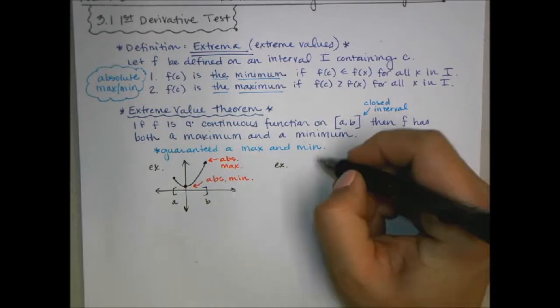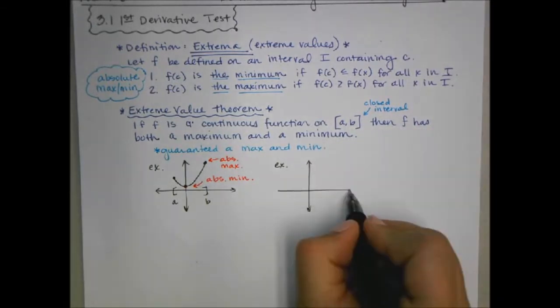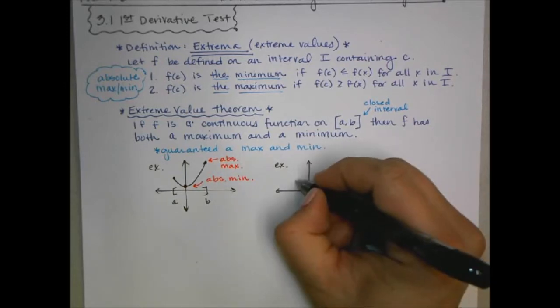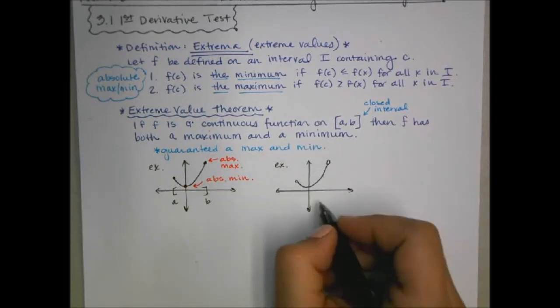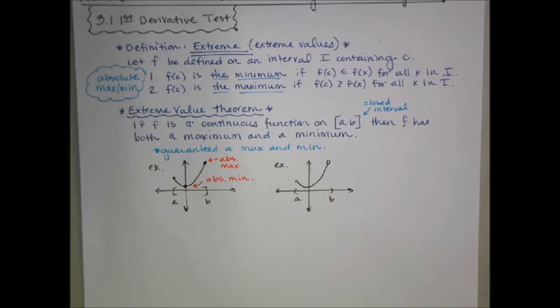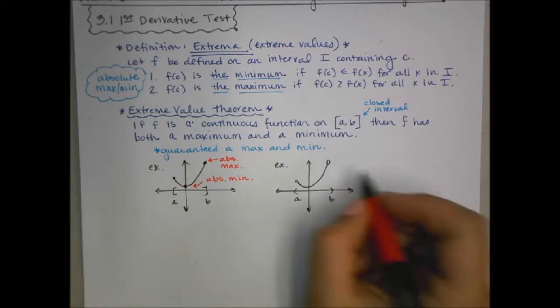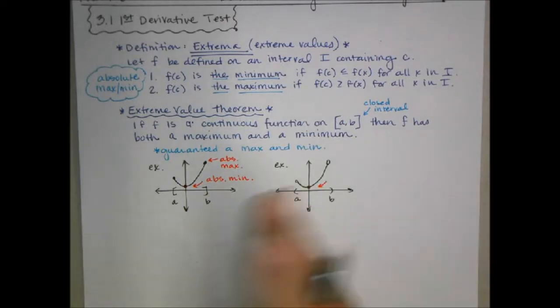So let's look at what happens if it's an open interval. On an open interval, we do still have a lowest value. We can tell this is our lowest value overall. These values are obviously not lower. So we do have an absolute minimum.